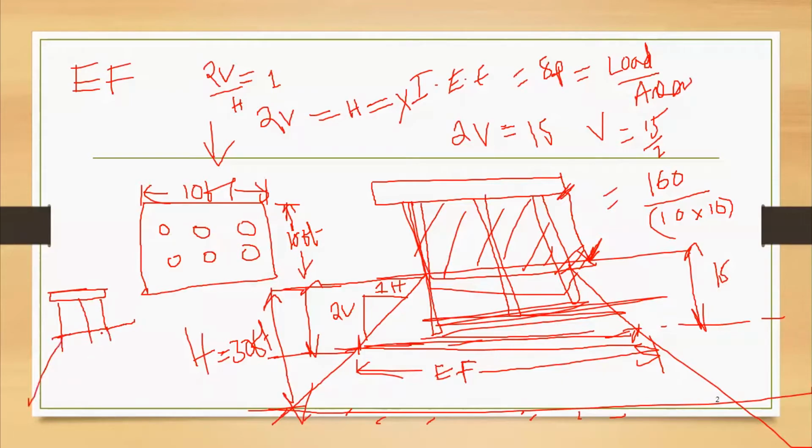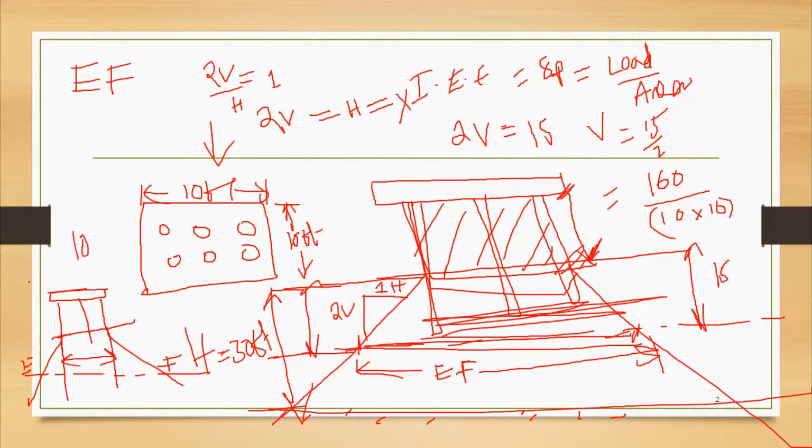Here the stress distribution is there, and here the mid layer depth is there. Now you are trying to figure out the EF here, but I don't know what EF is. If you take it straight down like this, you know this is 10, and this is 10.